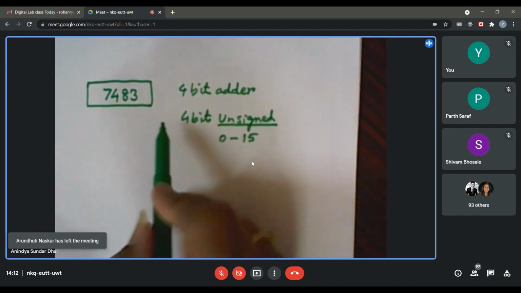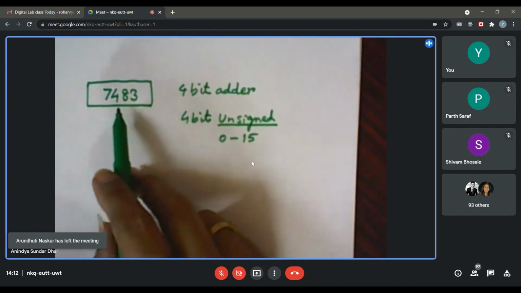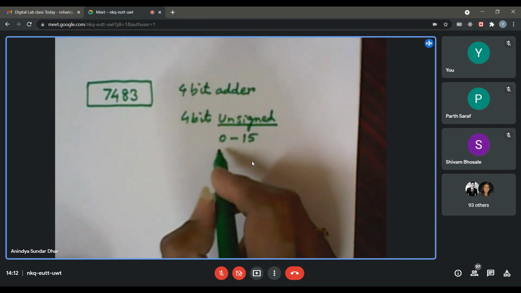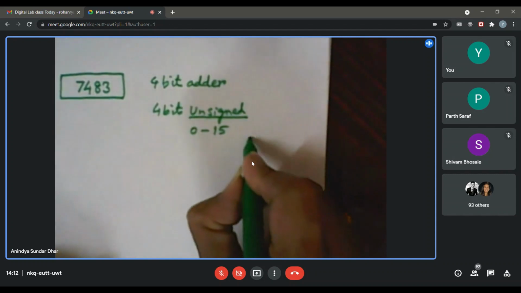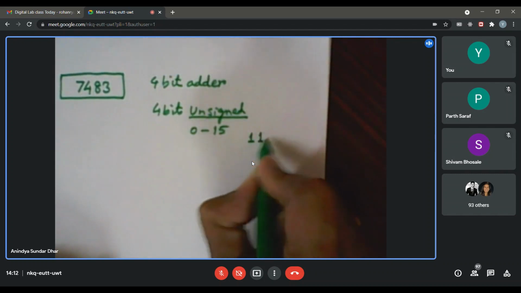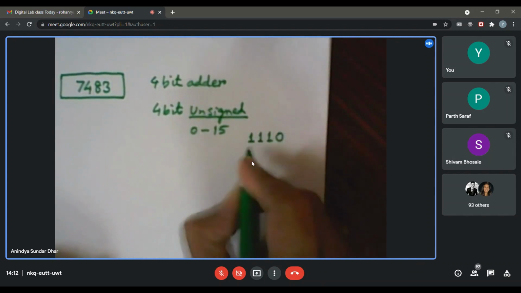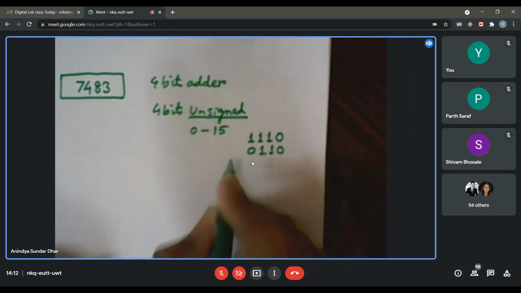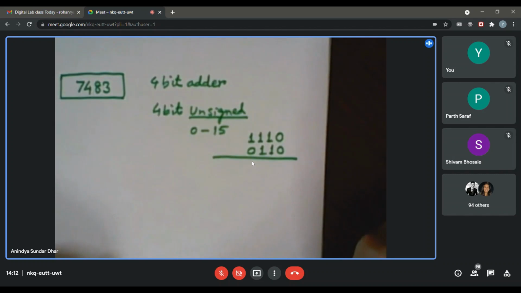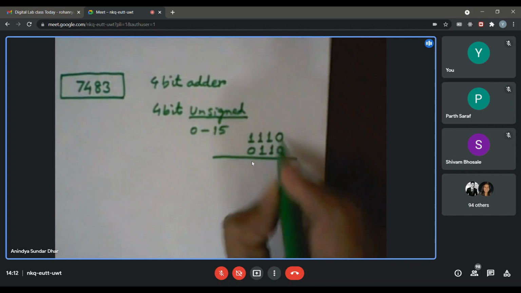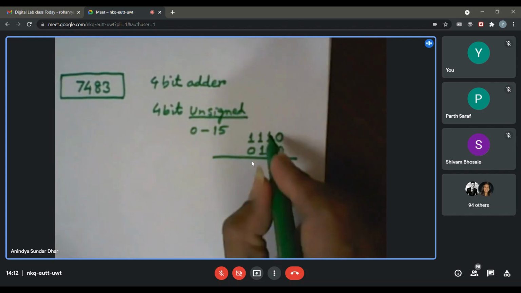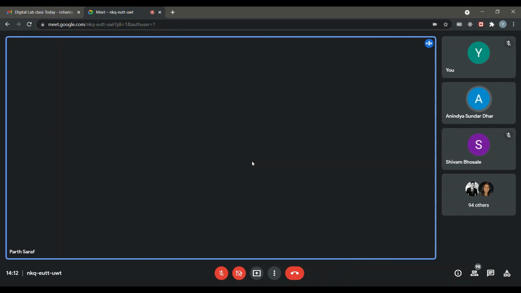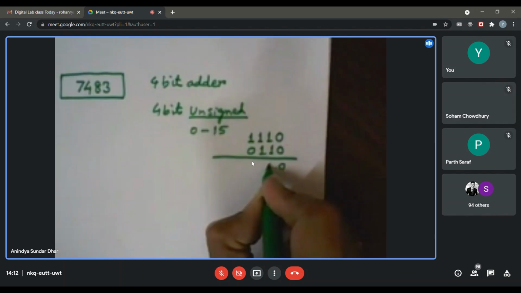So when I add two such 4-bit numbers, it may so happen that a carry can be generated. For example, if I take this simple example, say 1110, and suppose I'm adding 0110 with that. Can you prompt me, how do I add it? 0 and 0 is 0. 1 and 1 is 0 with a carry of 1.